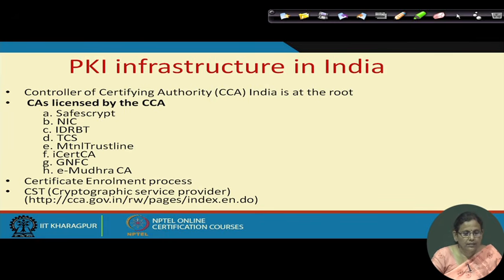So, for India, the Controller of Certifying Authorities, CCA India, is at the root of this certification process. Then it has many licensees, these are some of them, and if somebody is interested, they can go through and know more about how to get a digital certificate and about the certificate enrollment process by visiting the CCA's website.